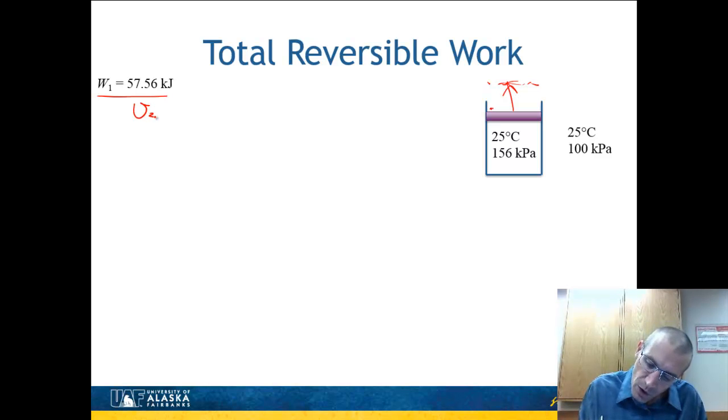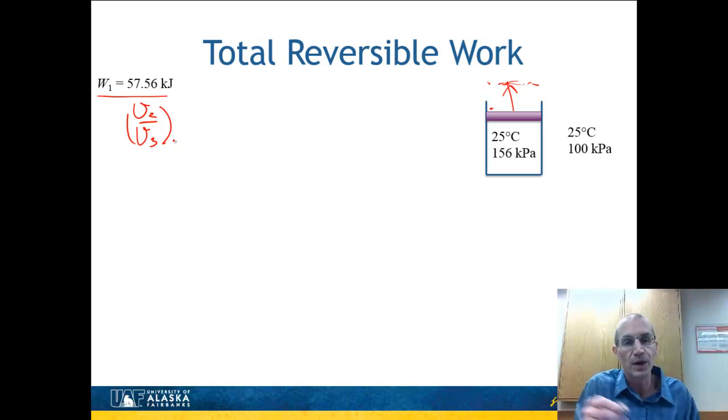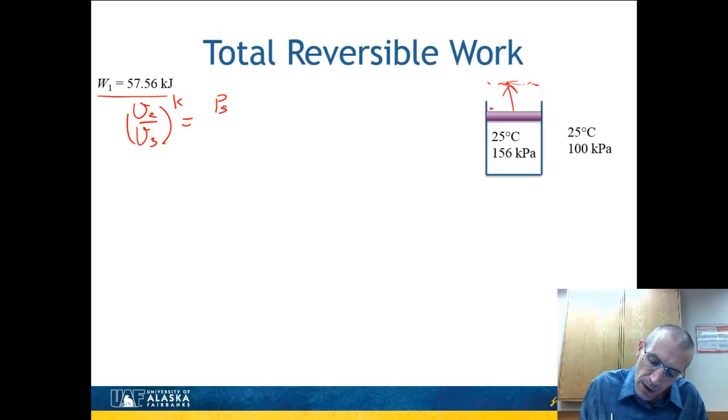So we recall the equation for isentropic expansion would be V2 over V3, I'm saying that I'm starting at 2, and now I'm going to 3 because we already had a condition 1, to the exponent k is equal to P3 over P2. And so this P3 is going to be 100 kilopascals, and it starts off at 156.